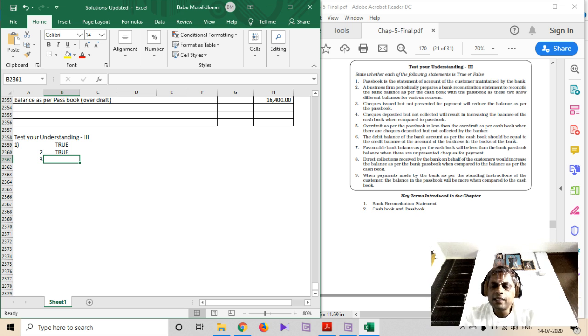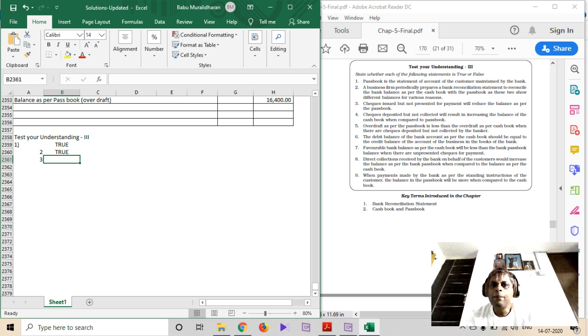3. Checks issued but not presented for payment will reduce the balance as per the passbook. No, this is false. How? The company has issued checks to suppliers or contractors or employees, etc. This will reduce the balance in the cash book bank column.